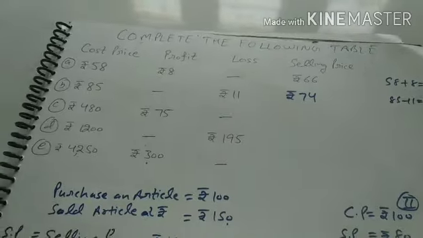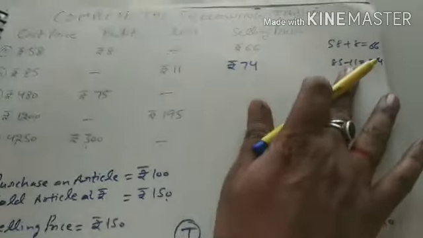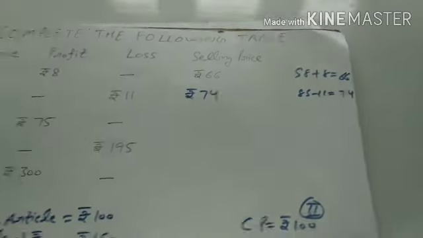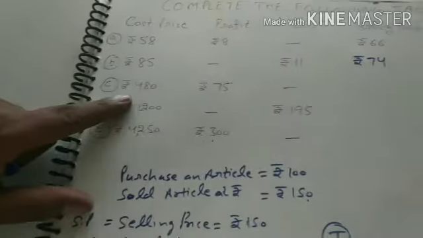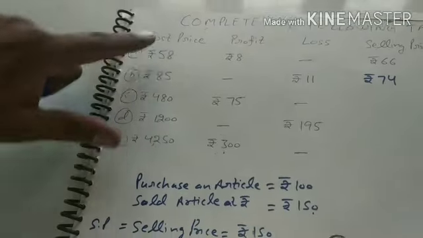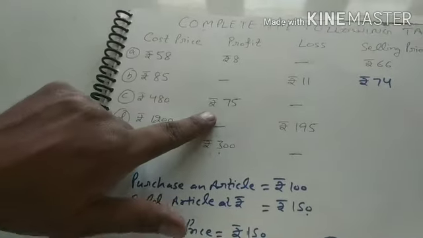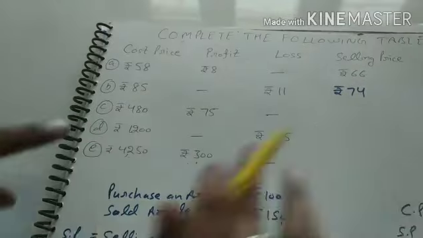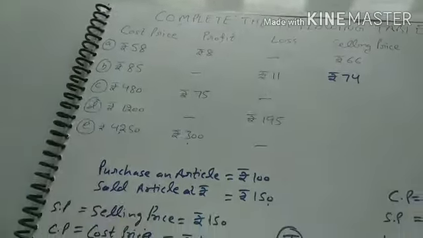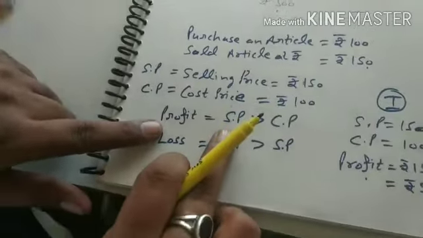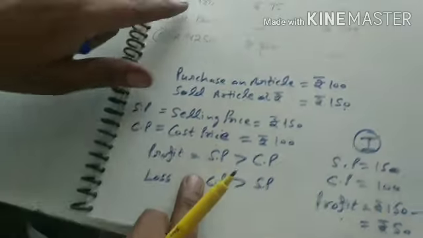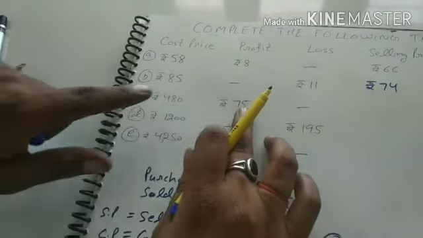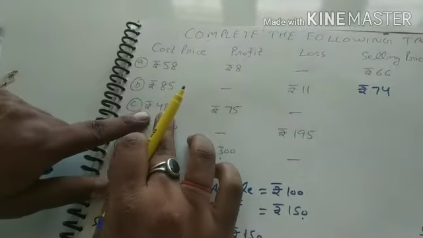Now you can see here I have subtracted. Now in the C part, rupees 480 is the cost price and profit is rupees 75. Now what will be the selling price? In case of profit, selling price is greater. So how will we make the selling price greater? By adding this profit to the cost price.